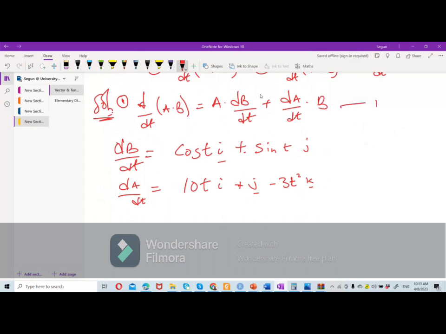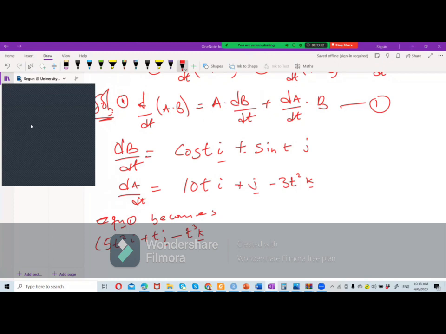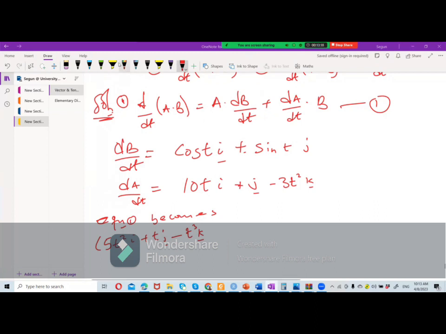So now let's call this one equation 1. What does equation 1 become now? Equation 1 becomes A, we need to get our A. Our A says what? 5t squared i plus tj minus t cubed k dot the dB dt, which is cos ti plus sin tj, plus the dA dt.